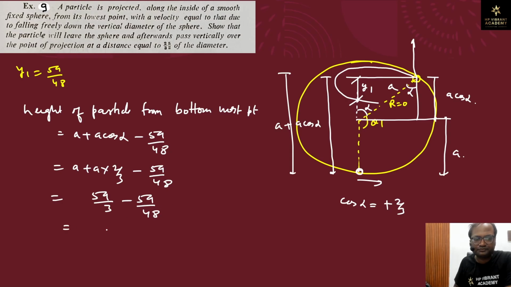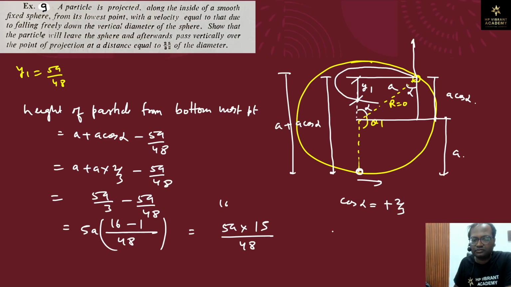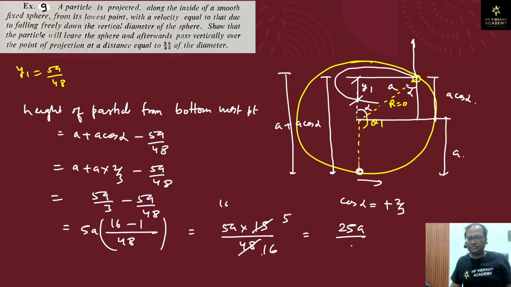So this is equal to 5a into (16 minus 1) upon 48, which is 5a into 15 upon 48, and so this is equal to 25a upon 16.